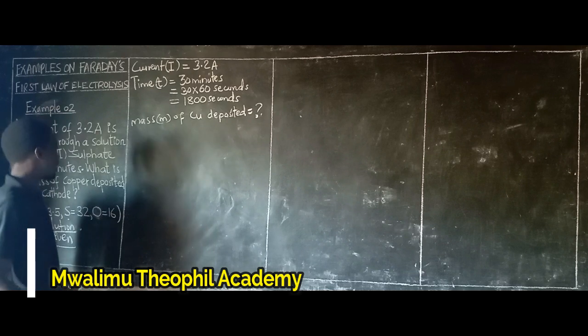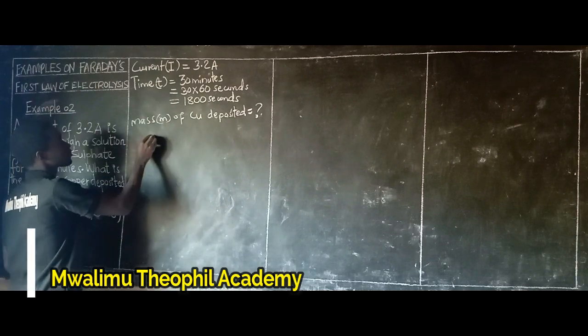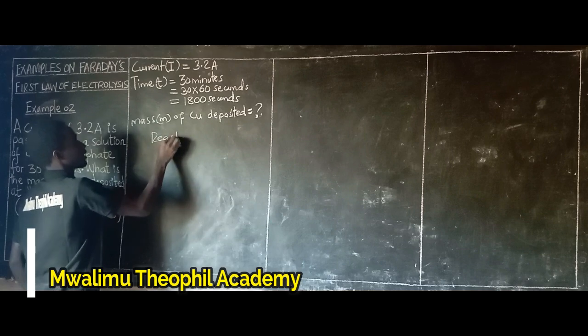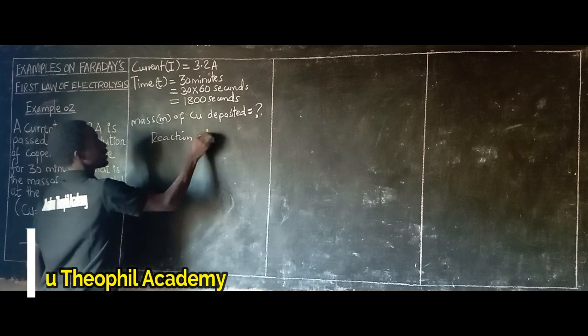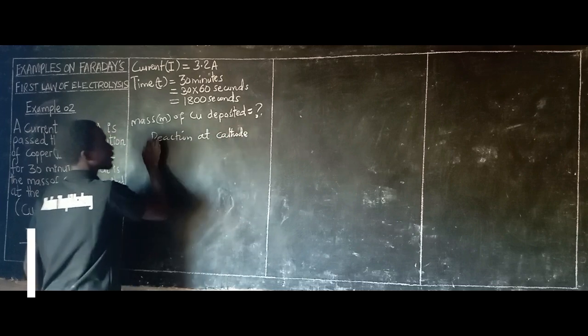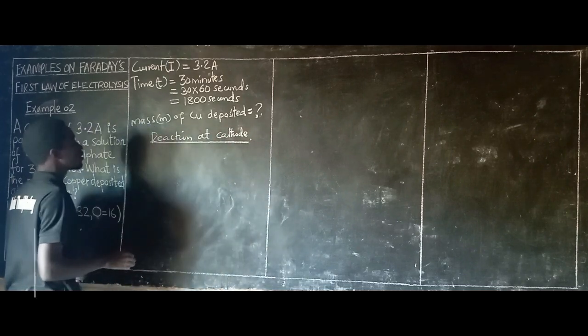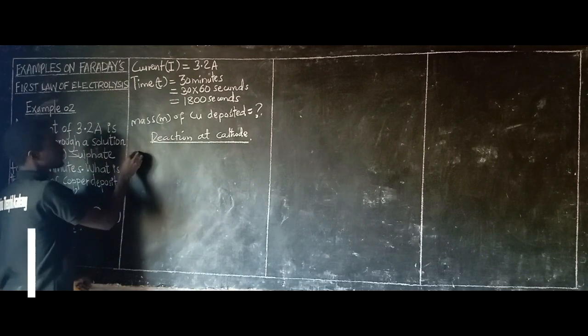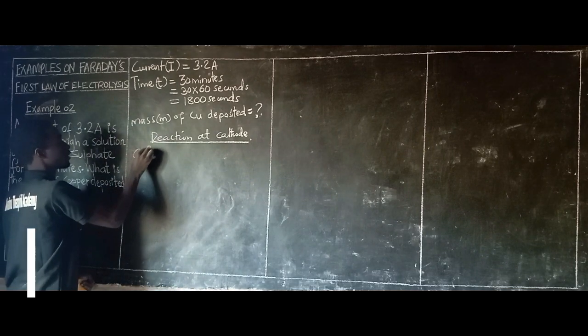Now let us balance it. Let us consider the reaction at the cathode. The reaction at the cathode will involve the reduction of copper ion into copper metal. Now it will be Cu2+ ion.